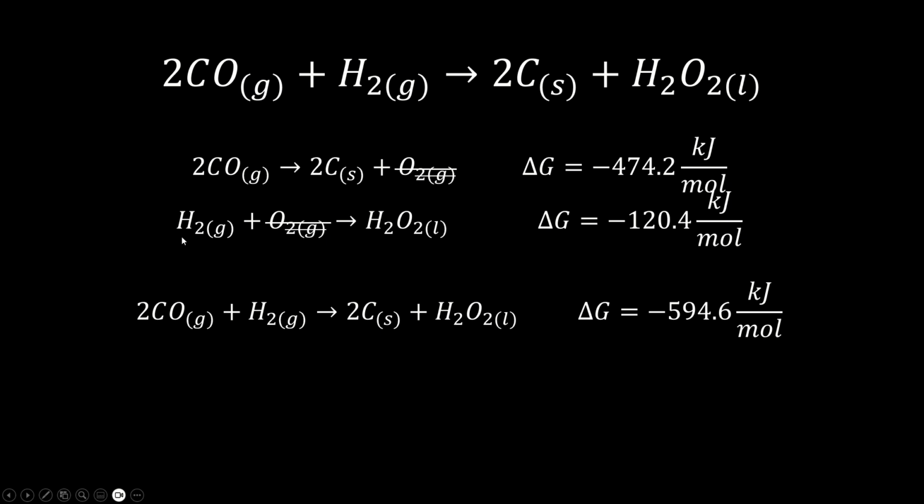So if we ran these two together, we effectively have 2 moles of carbon monoxide gas reacting with a single mole of molecular hydrogen gas to form 2 moles of solid carbon and 1 single mole of hydrogen peroxide.